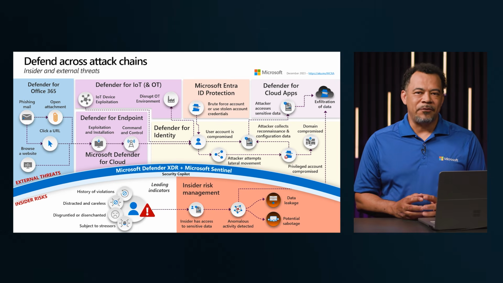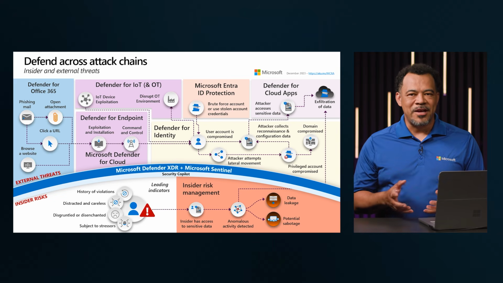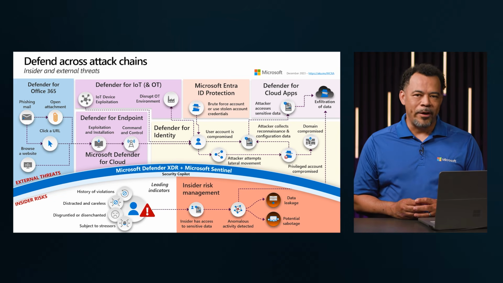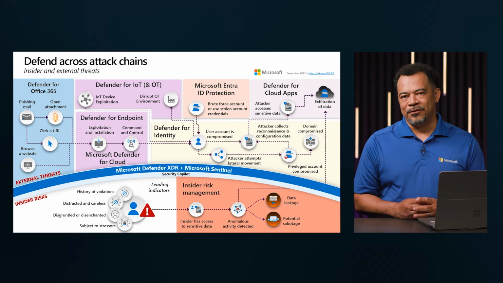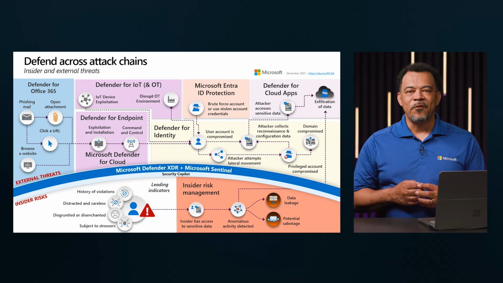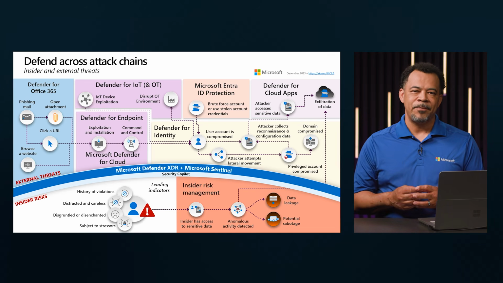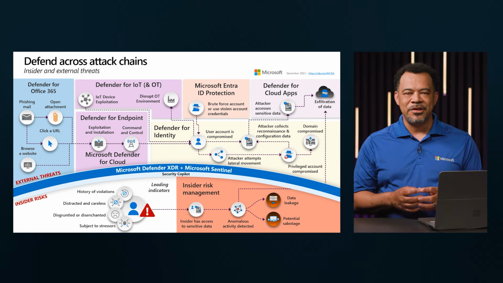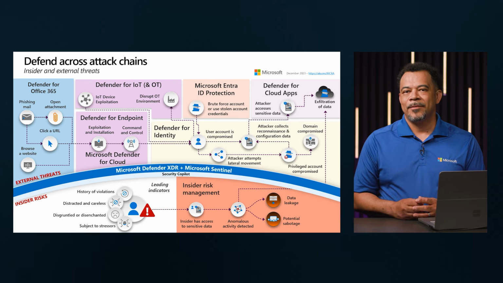Another product is Microsoft Defender for Office 365, or MDO, which provides protection for email, SharePoint, OneDrive, Teams, and other Office capabilities. Microsoft Defender for Endpoint, or MDE, provides endpoint protection and response, or EDR capabilities, covering productivity workstations, servers, mobile devices, and more.